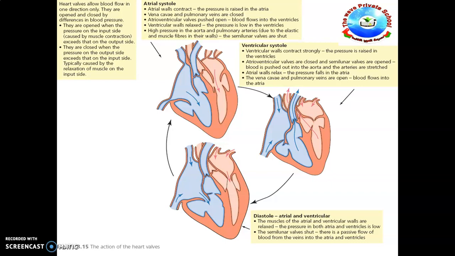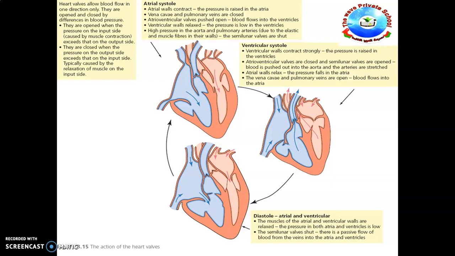This period of the heartbeat is divided into two stages. Those are known as systole and diastole. In the systole stage, heart muscles contract, and during the diastole stage, heart muscle relaxes.